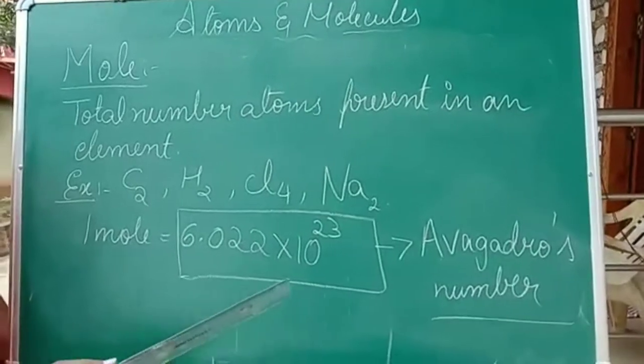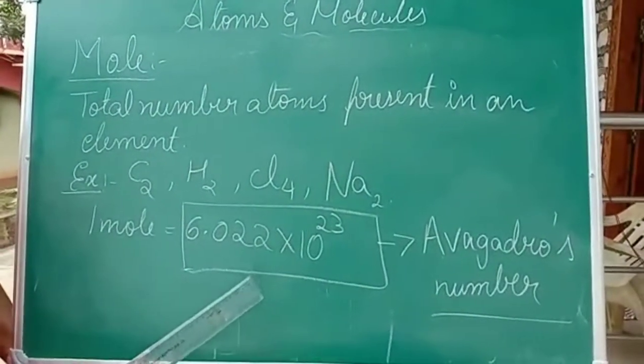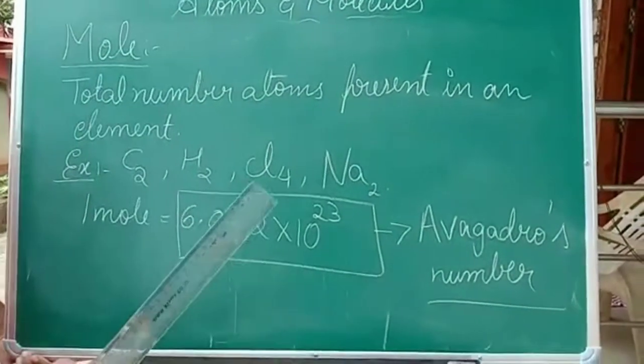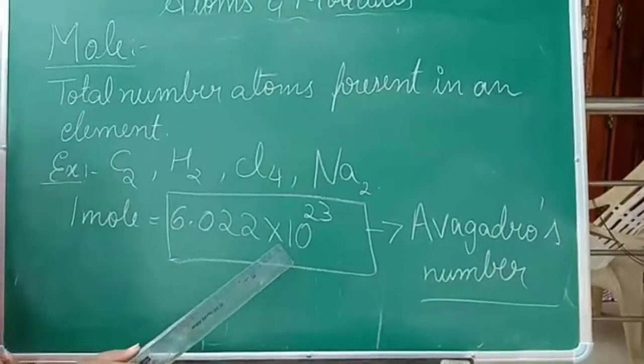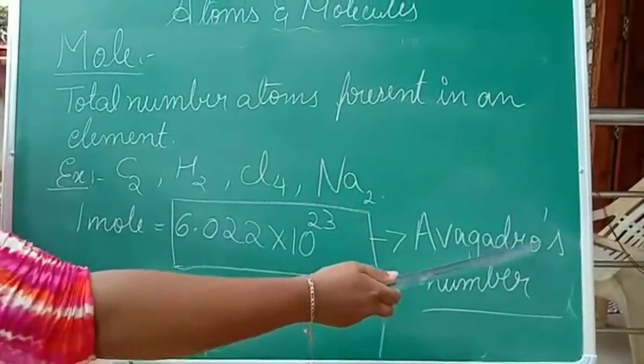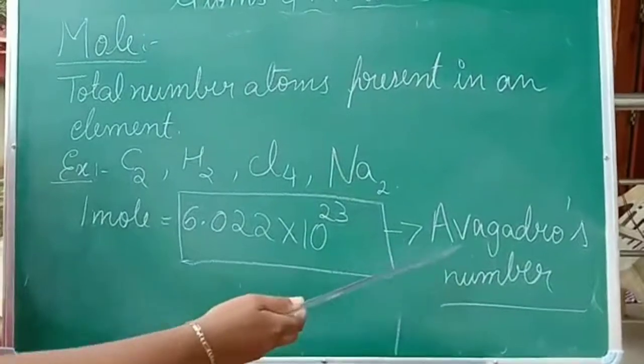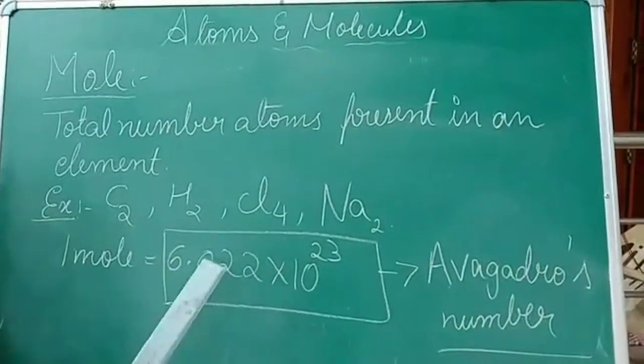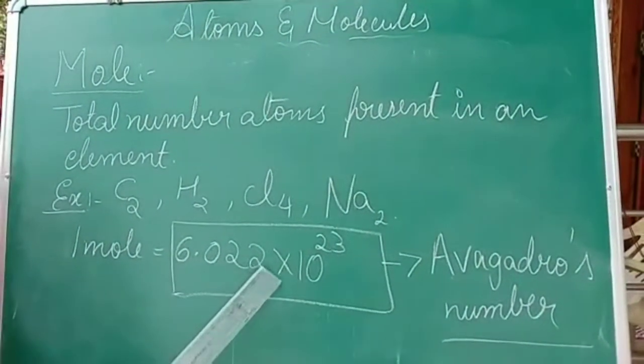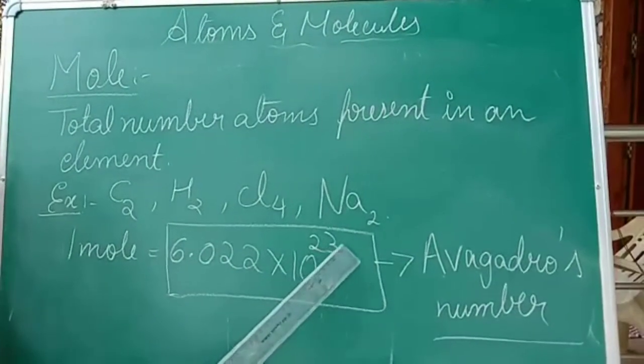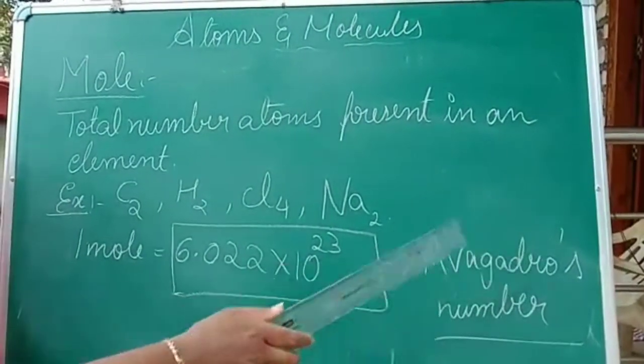He found out the value of 1 mole. So in remembrance of his name and his work, this number is called Avogadro's number. This is very important for fill in the blanks and all. That is, 6.022 into 10 to the power 23 is called Avogadro's number.